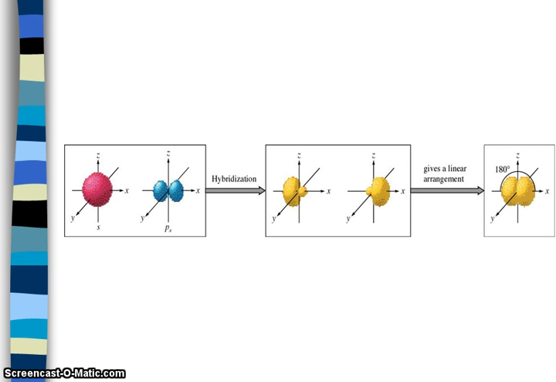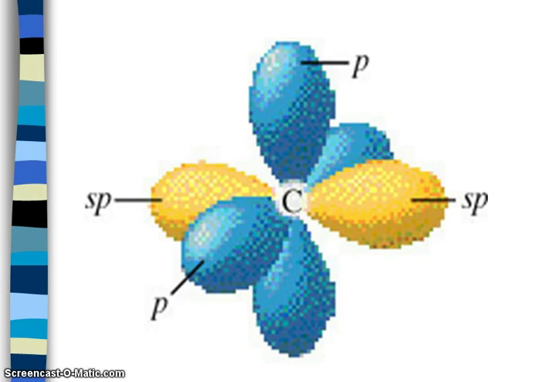So when we look at the sp hybridization, we've got an s and a p orbital which will meld together to form two equivalent sp hybridized orbitals, which will give us a linear arrangement. And we're not including those two unhybridized orbitals. If we look at our carbon, the yellow here represents the sp hybridized orbitals, and then we've got our two unhybridized p orbitals.